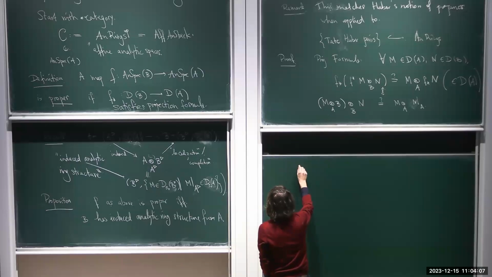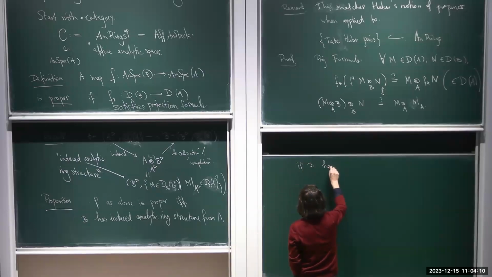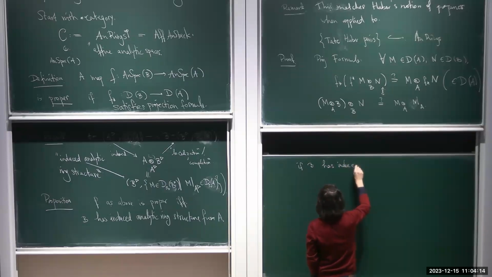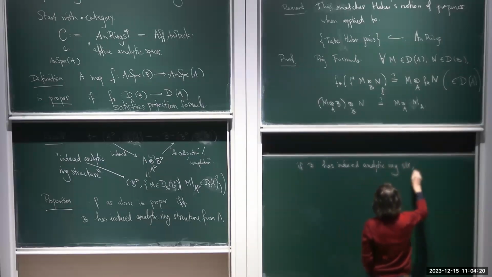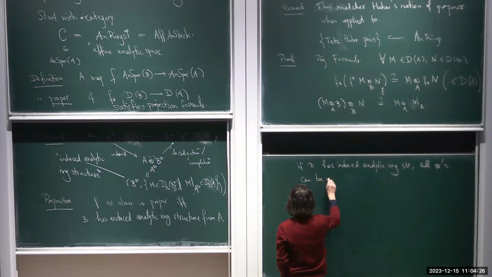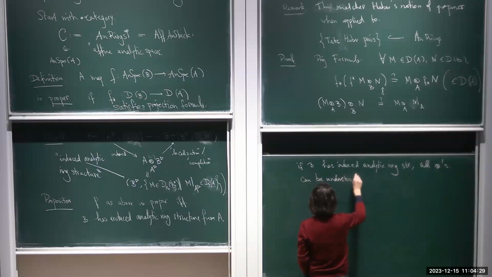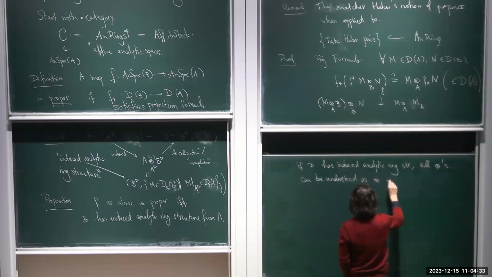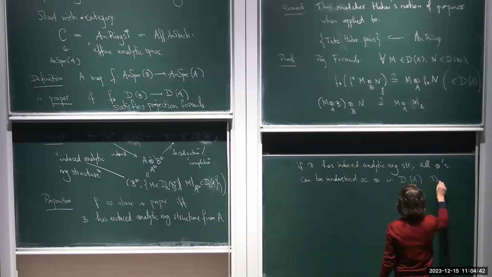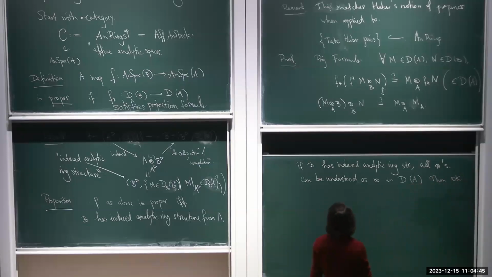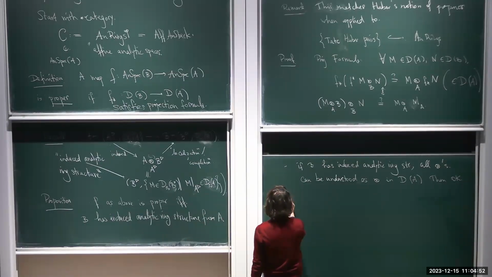If B has the induced analytic structure, then all tensors can be understood to be tensors in D(A), or relative to D(A), and then it just checks out. So this is already one direction.